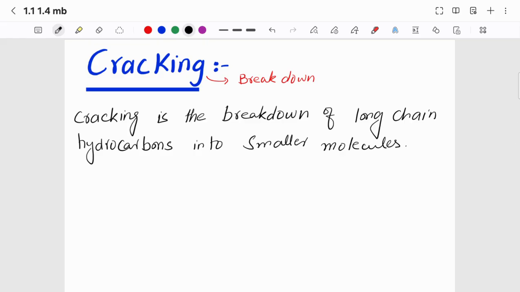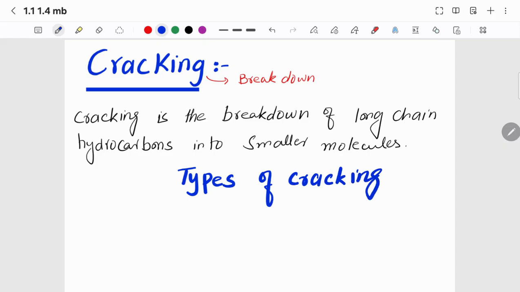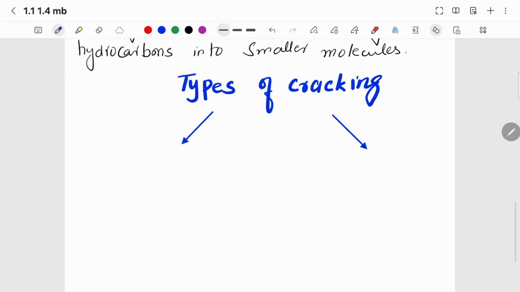Before looking at its example, let me tell you how many types of cracking there are. The next topic is types of cracking. There are basically two types of cracking. The first one is called thermal cracking.